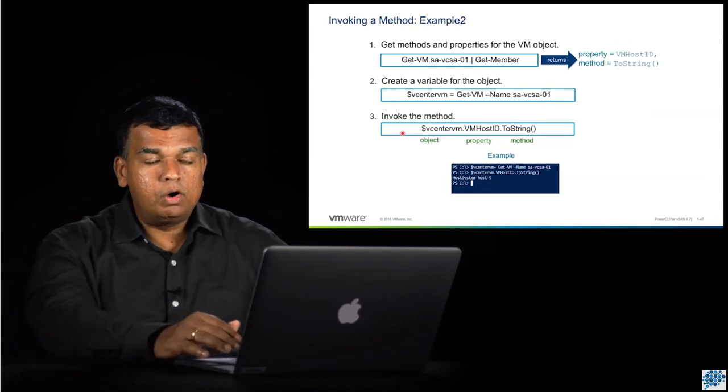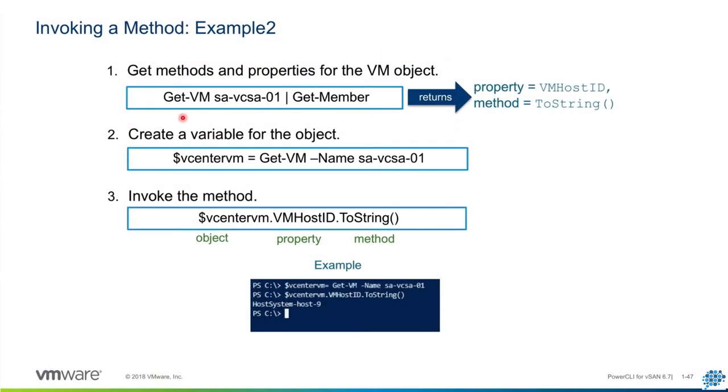Just another example of a method. In the first line, we look for a particular VM where we say Get-VM SAVCSA-01, and we do a Get-Member where it returns all the members, methods and properties. And I am going to store that in a variable. So I'm storing that virtual machine in a variable called $vCenterVM. So $vCenterVM now contains that virtual machine object, and then I am going to invoke a method on that object.